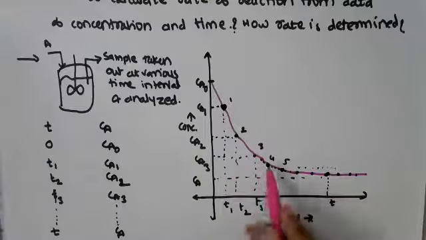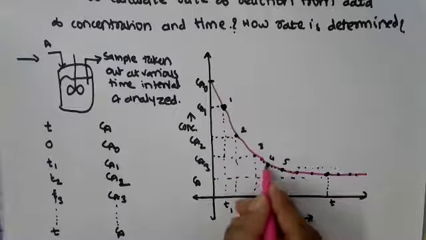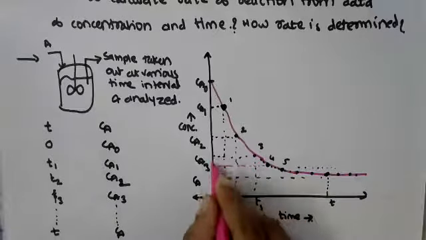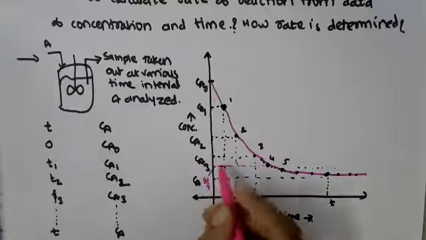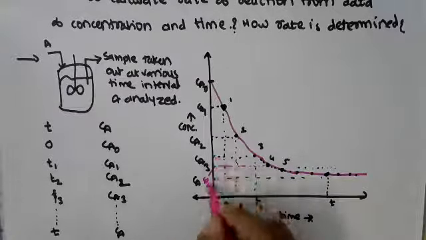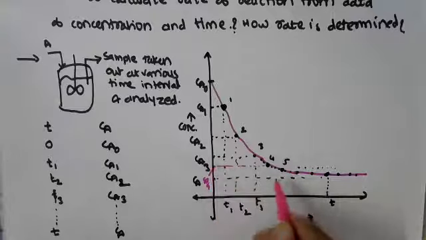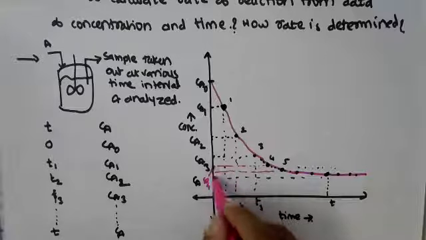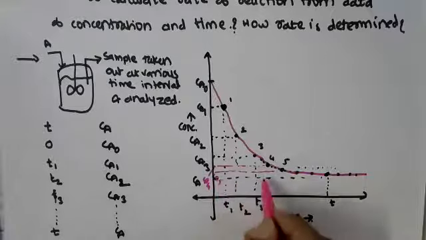But as the time progresses, suppose if I take this fourth point, this concentration will be CA4. So the difference between CA3 and CA4 is less. If I take the fifth point, the difference between CA4 and CA5 will be less.